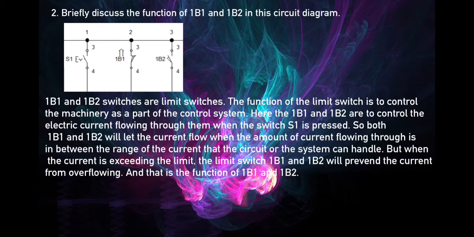Both will let the current flow when the amount of current is within the range that the circuit can handle. But when the current exceeds the limit, 1B1 and 1B2 will prevent the current from overflowing, and that is the function of 1B1 and 1B2.